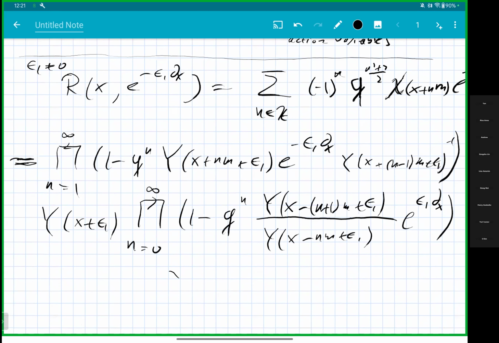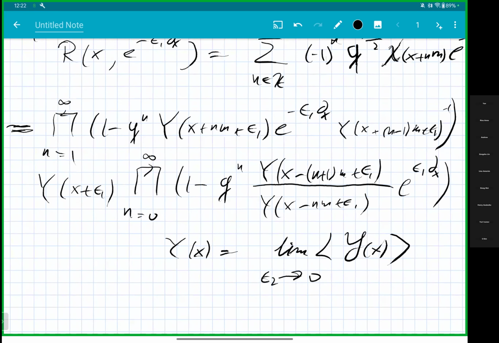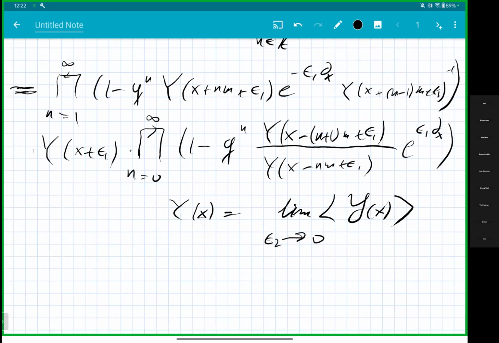And y of x is also just the limit of curly y of x when epsilon 2 goes to 0. So the ordering is important because otherwise this formula would not hold. And without this formula, we would have no relation in the classical limit to the lax matrix. And the other way that we know it's the right ordering is because we actually found a solution.